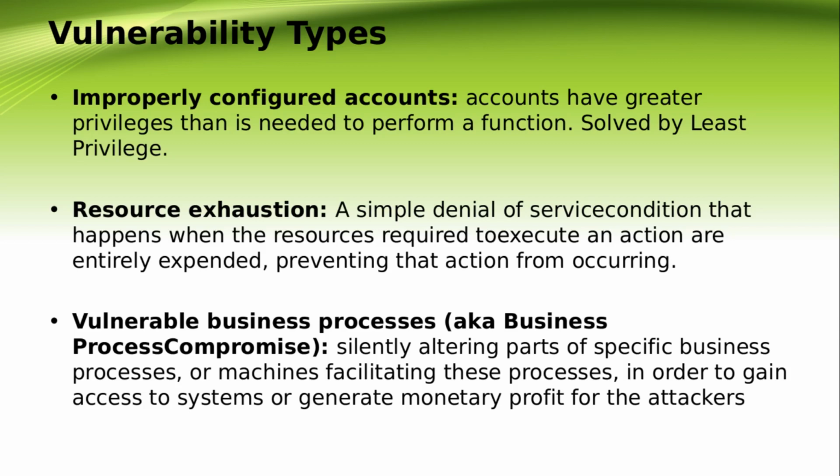The next one is resource exhaustion. It is a simple denial of service condition that happens when the resources required to execute an action are entirely expended, preventing that action from occurring. Resource exhaustion attacks generally exploit a software bug or design deficiency in software with manual memory management, most commonly written in C or C++.